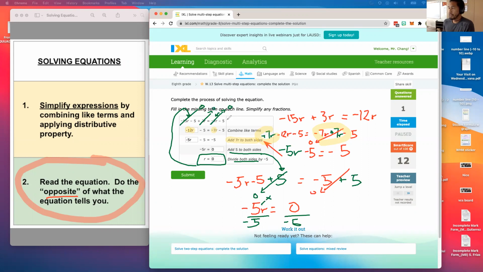So I have negative 5 equals negative 5. And that is a true statement. So this solution worked. R equals 0 works. I just substituted it back in.